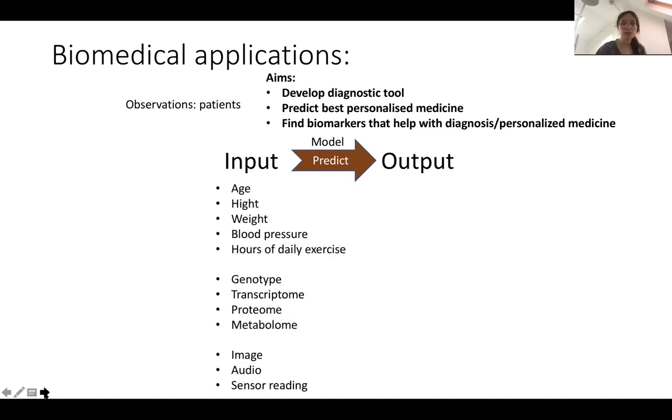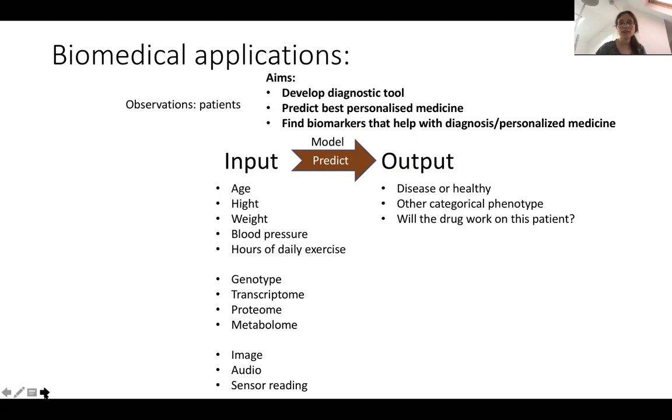Our input variables could be different physiological features of the patient, such as its age, height, weight, blood pressure, etc. It could be molecular factors, such as genotype, its transcriptome, proteome, metabolome, etc. Or it could be sensor data, image data, audio data, etc. The output of the model could be predicting a category, such as disease or healthy.